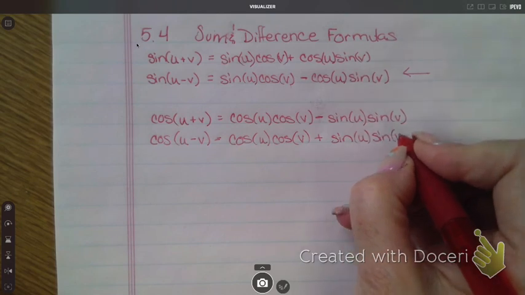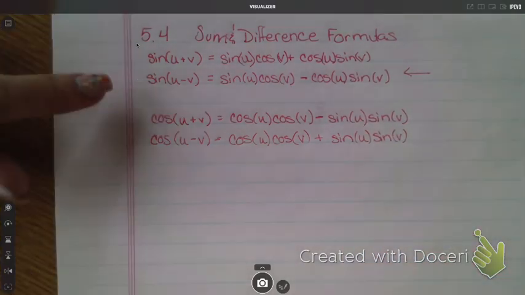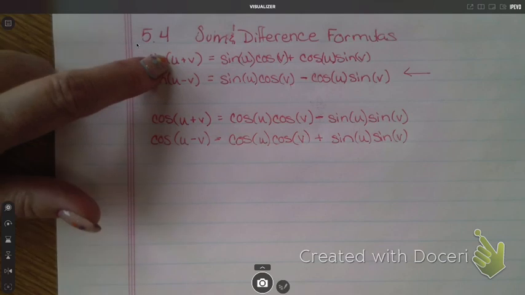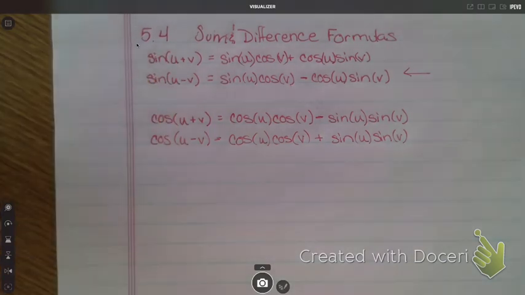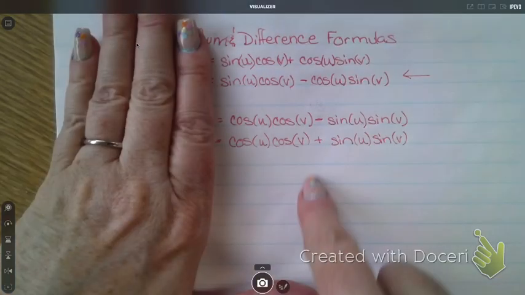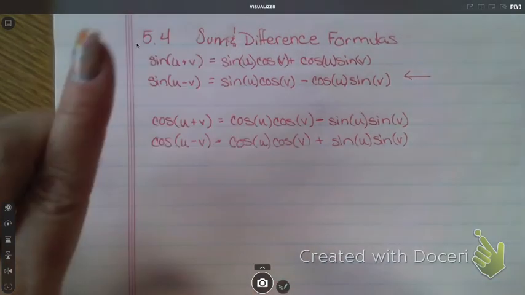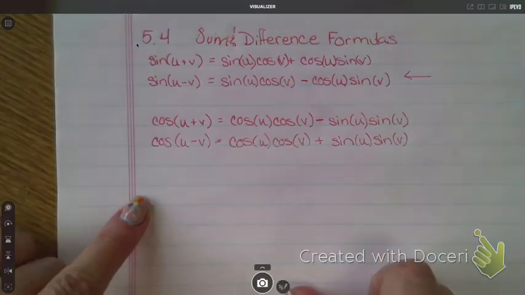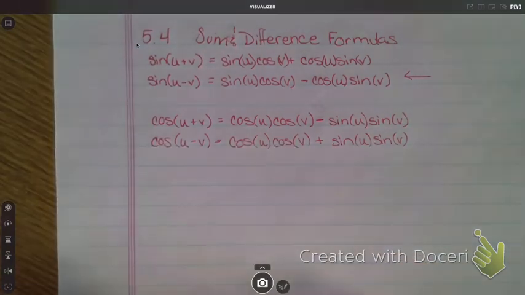Now, I didn't make a big deal out of it, but I would assume you would all know that addition would be the sum and the subtraction would be the difference, correct? Yes. Okay, so these are formulas you just have to remember. On the test, they will be listed. That should be easy.